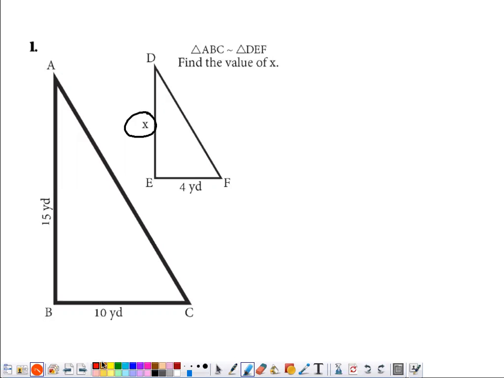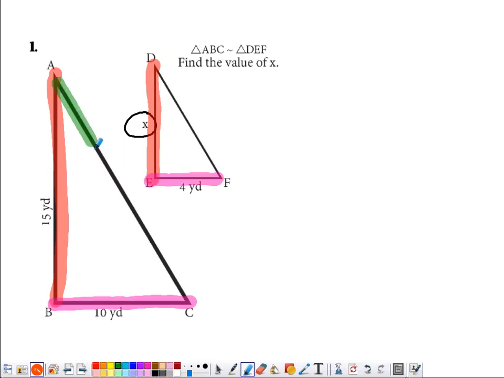First color A, B, D, E, and then B, C, and E, F, and then A, C, and D, F. Very nice.